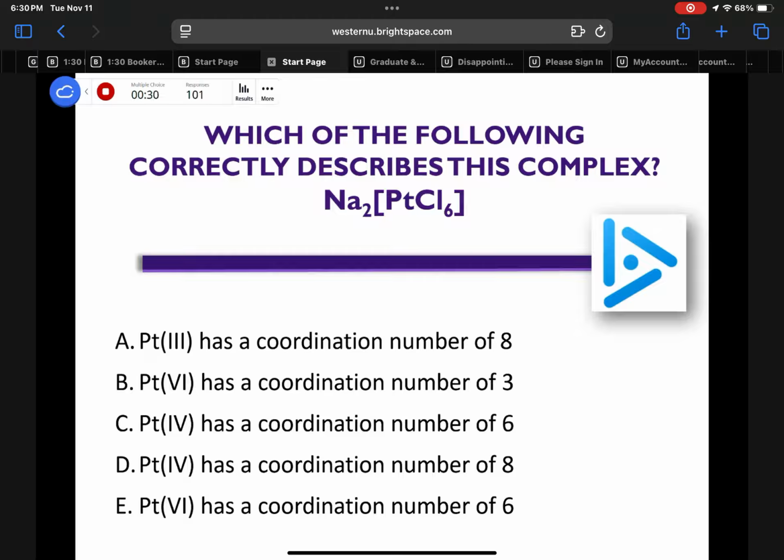Yes, how can I help? Ooh, usually the cation goes first, then the anion. Is that what you're asking?